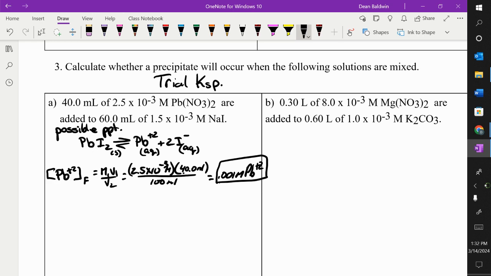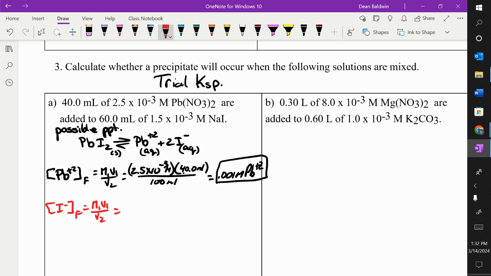So the concentration of iodine will be M1V1 over V2. The initial concentration, is this a 1-to-1? Whoa, hang on. Where does the iodine come from?